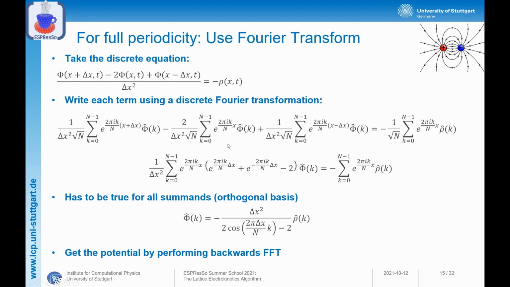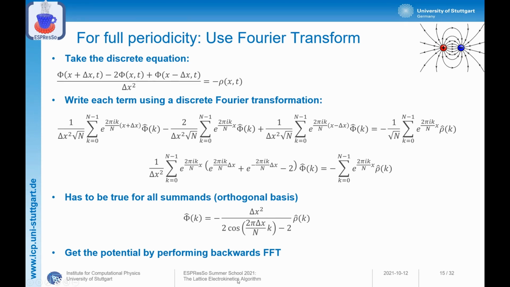We make use of the fact that these guys here are orthogonal. So the equality here has to not only hold for the total sum, it also has to hold for each summand. So then we end up with this expression here in Fourier space, which is just an algebraic equation. So if we know the rho hat of k, we can just multiply it by this factor and get the phi hat of k back.